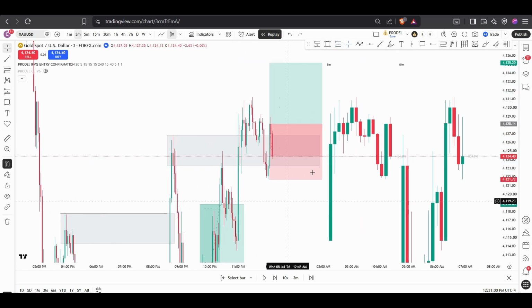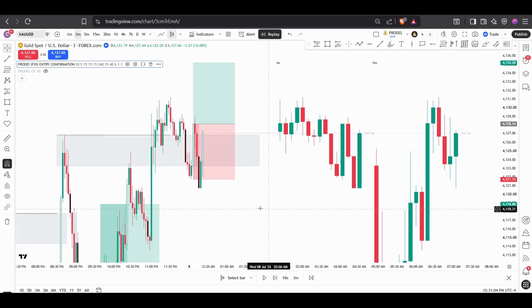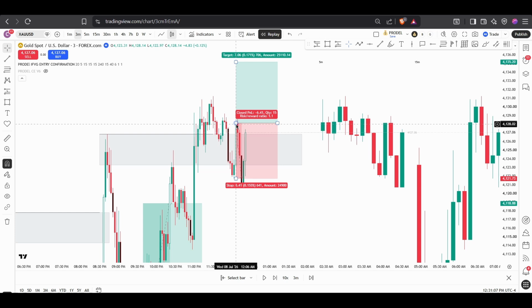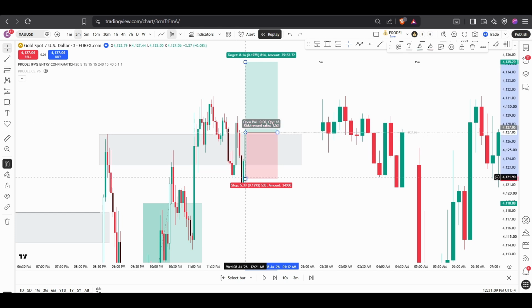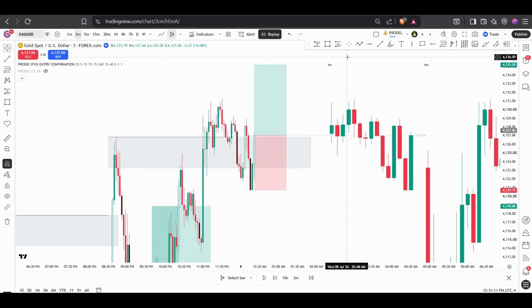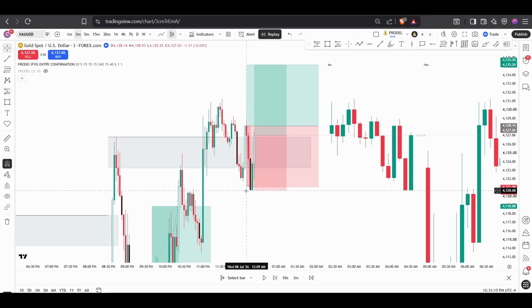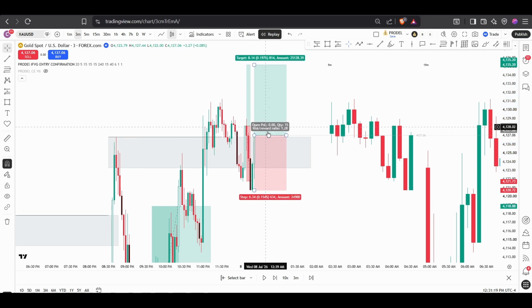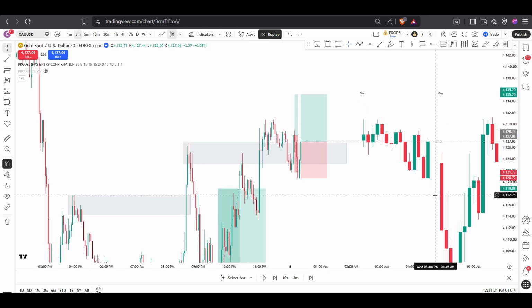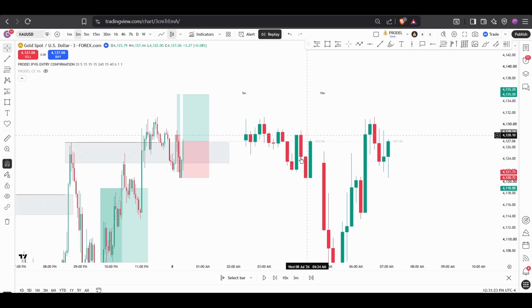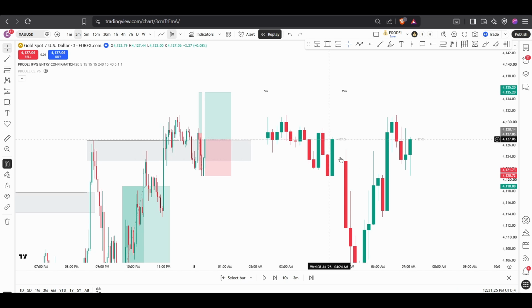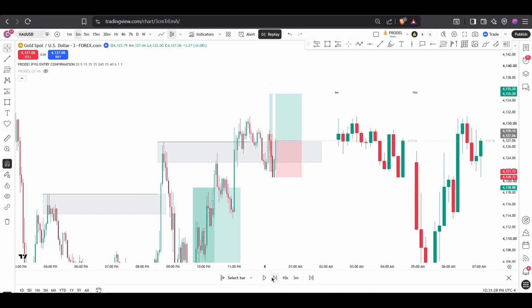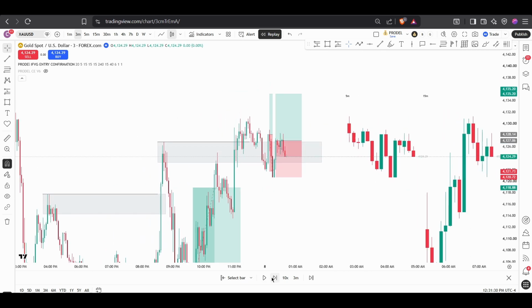Our entry is at this level, and it took my SL. It again formed the entry here, and our SL at this level. Let's put this SL here, and another trade at this level. Then you can see there is no opposing fair value gap on the 5-minute or 15-minute either. Let's see how it goes.